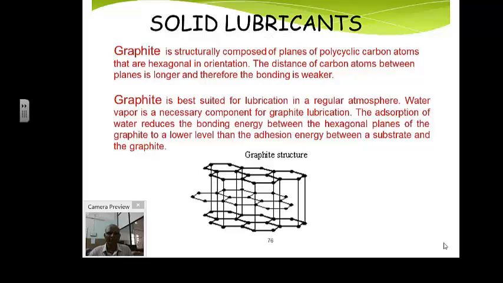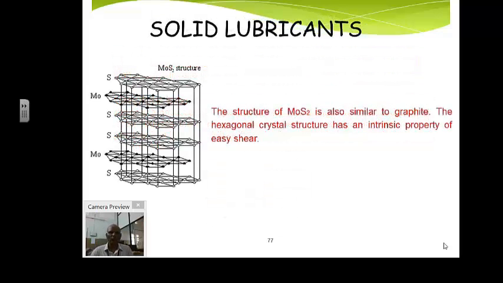A typical graphite structure is a hexagonal structure which can shear in a lateral plane, whereas it can carry transverse loads. Many times water vapor is required in order to increase the graphite lubrication. The absorption of water reduces the bonding energy, hence the lubrication effects are increased. Molybdenum disulfide has a similar structure to that of graphite.